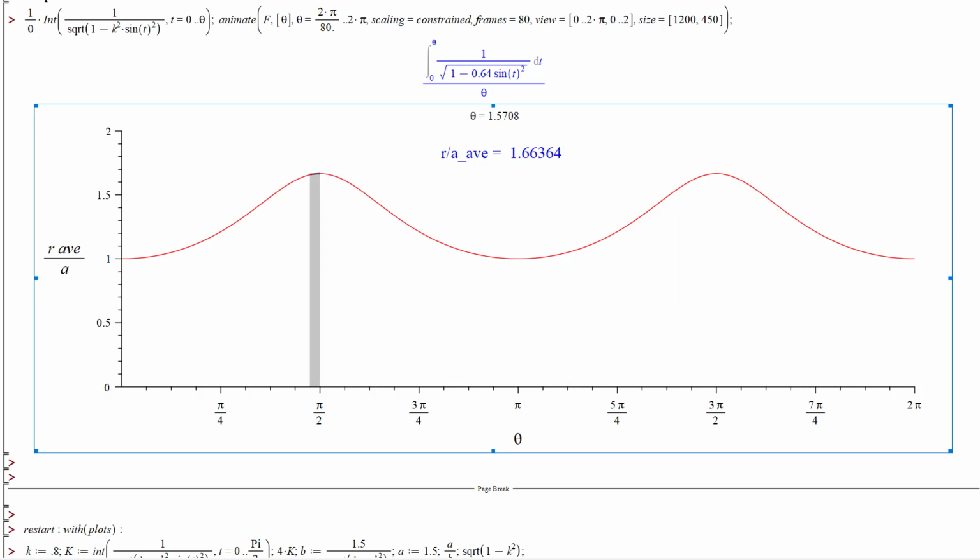So obviously you've got a maximum r over a average in that tiny little delta phi or delta theta. It's almost 1.67. It's not centered at pi over 2. That's only an endpoint. But you can get closer to 1.667, 5/3. That would be where it's a maximum.